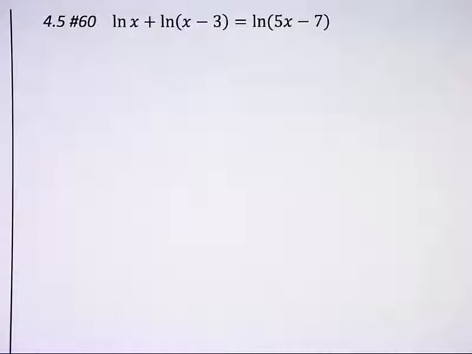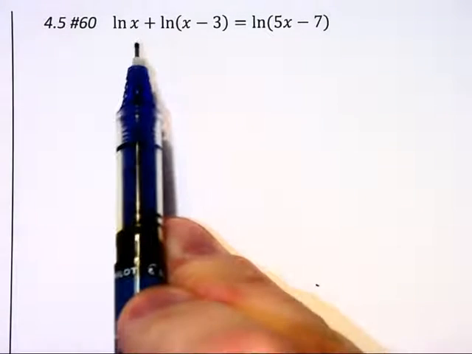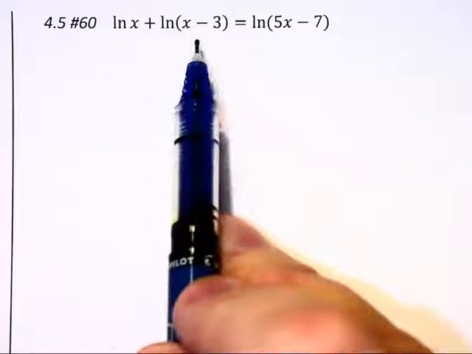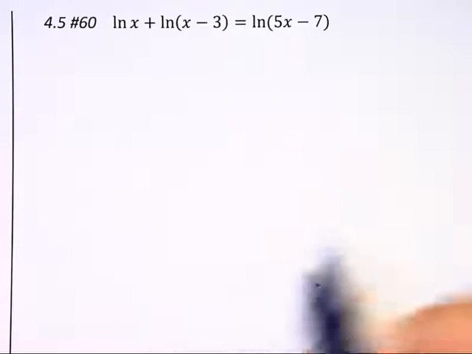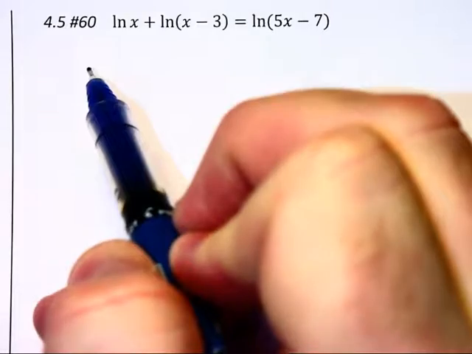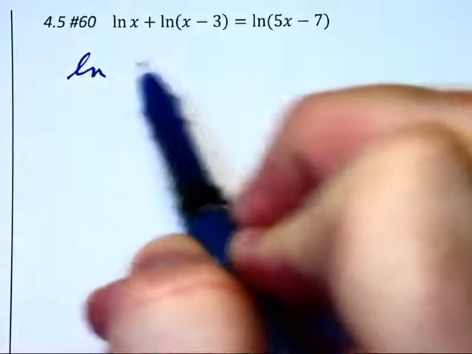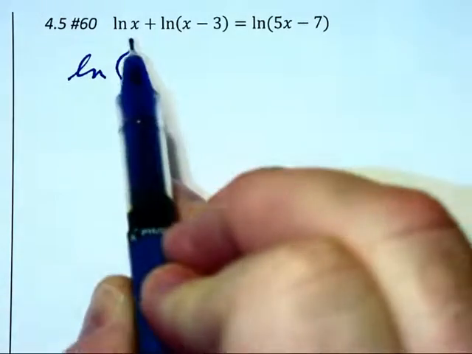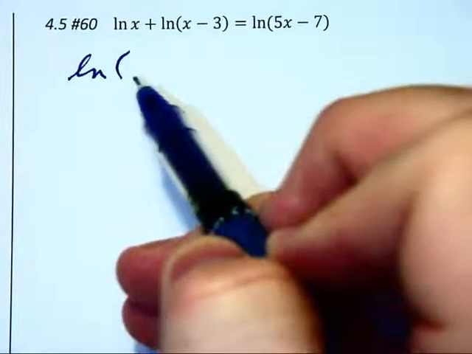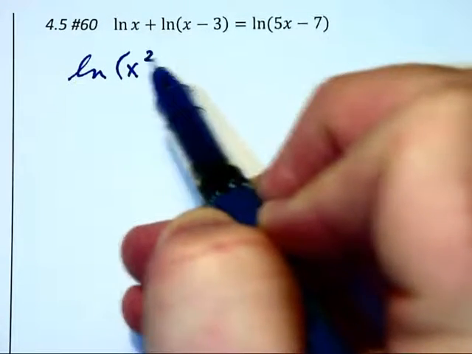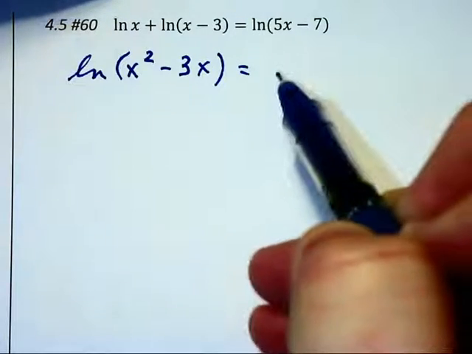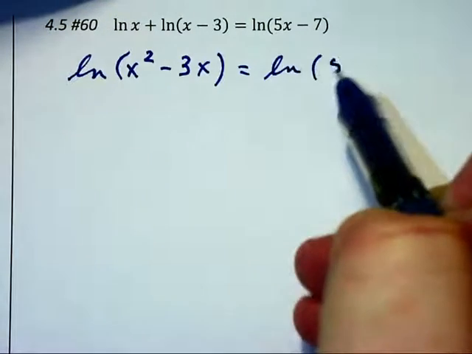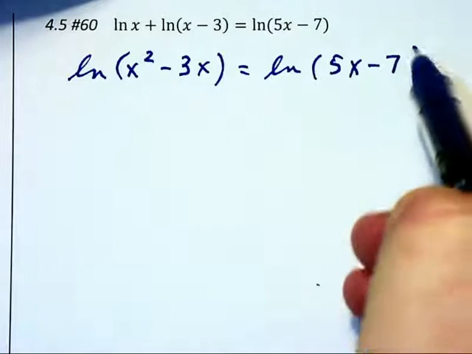Okay, looking at this next equation, we see a plus sign between the two natural logs, and we know that the sum of two logs is the log of their product. So we can combine this and write this as the natural log of x times x minus 3, we get x squared minus 3x equals what's on the right side already, the natural log of 5x minus 7.